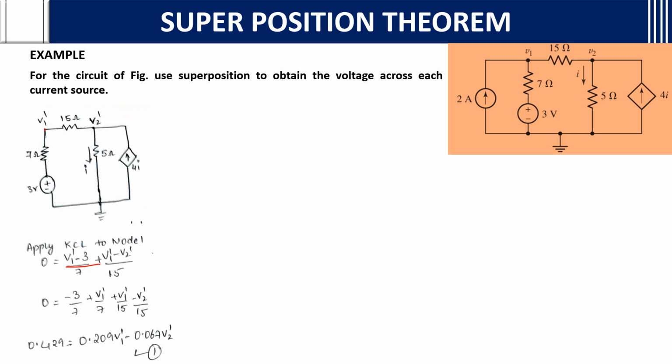You need to take it this way. Then you will get 0.429 equals 0.209 V1 dash minus 0.067 V2 dash, in terms of V1 dash and V2 dash. First equation.